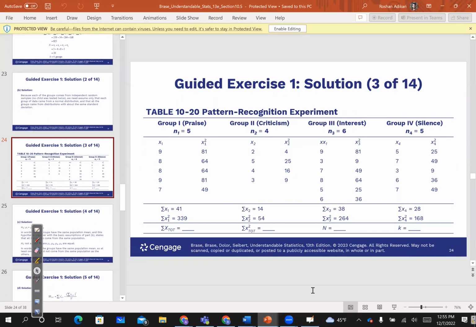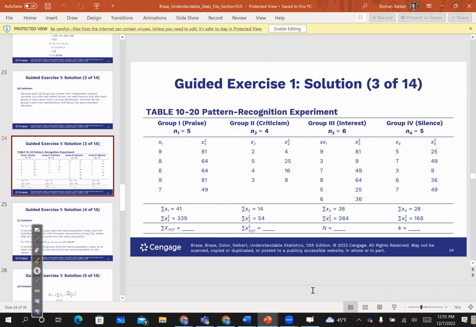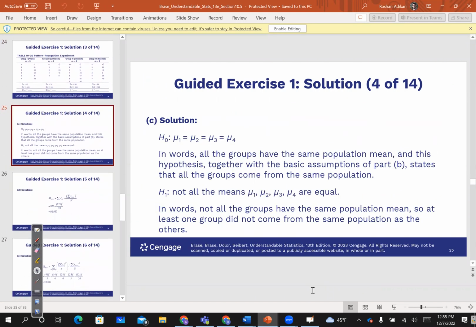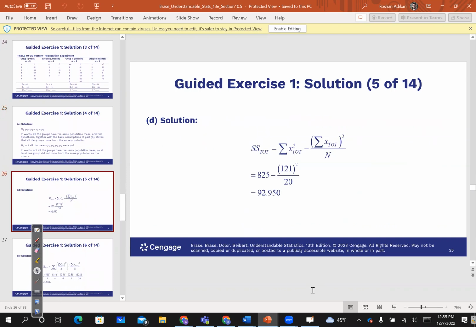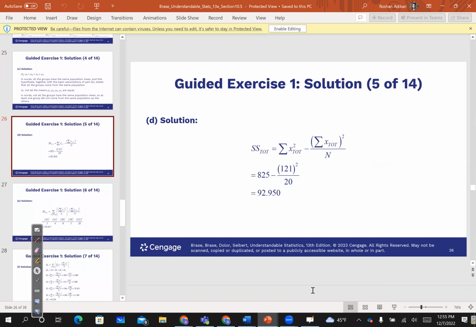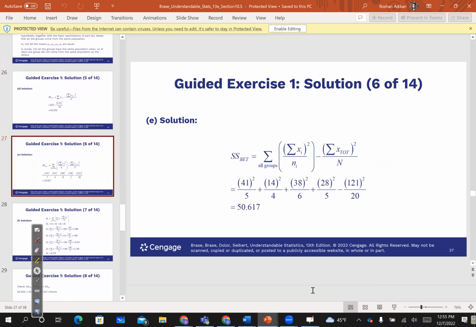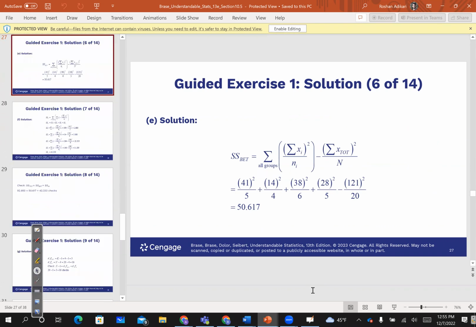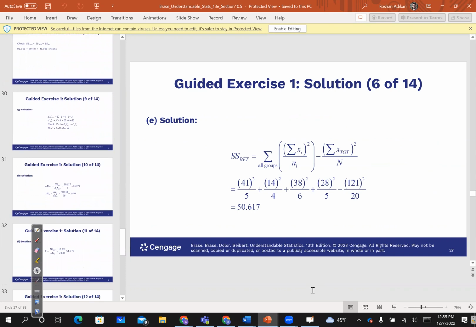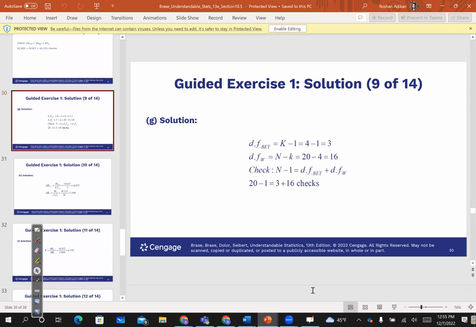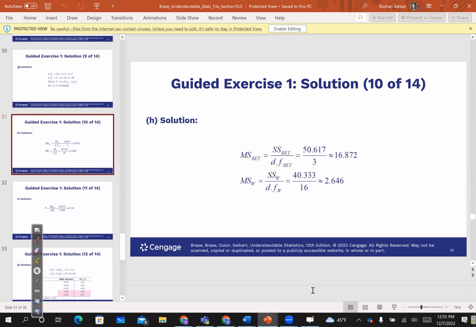So after finding all those things, sigma means you have to add them, and then you have to add the squares of them. And please read this, right? And then you have to find this SS total and SS between, all these things. And yeah, this is a tricky point.